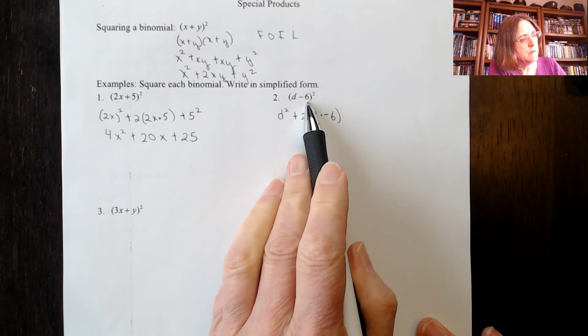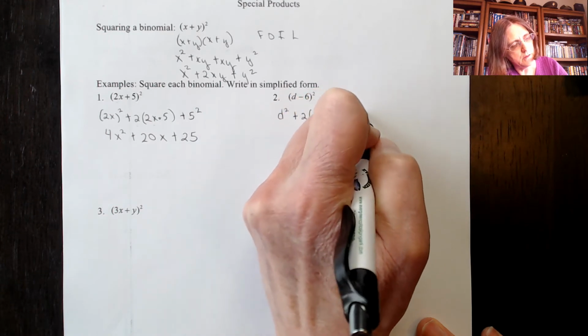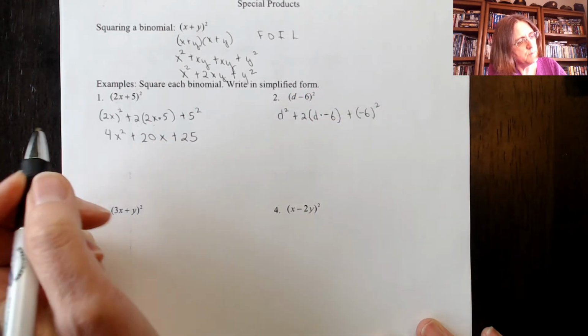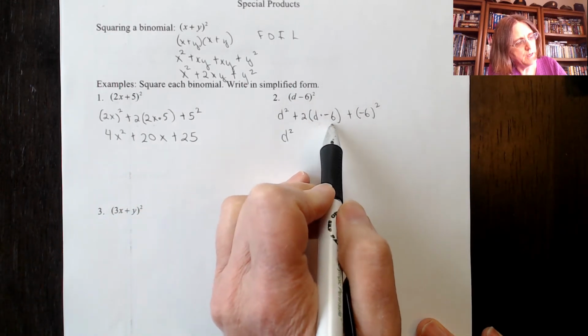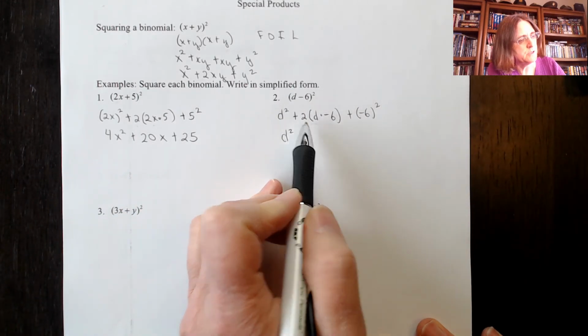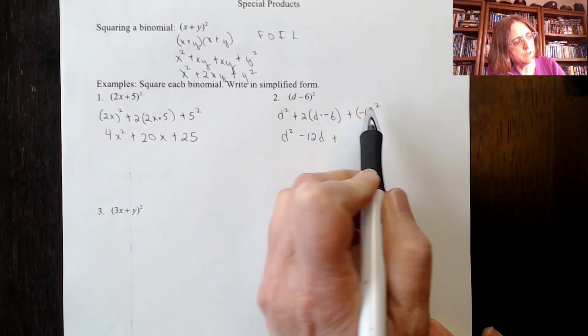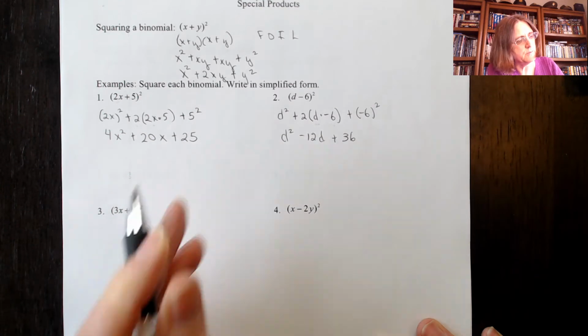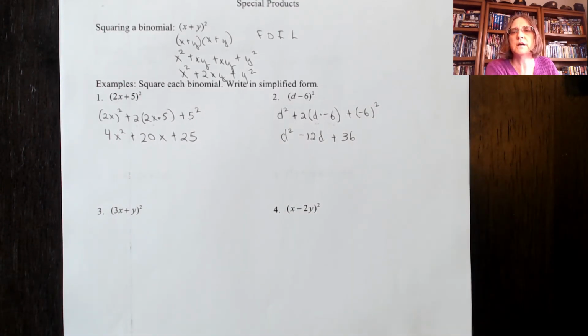And then finally, the last term of our binomial squared, negative 6 squared. Simplifying, we get d squared, negative 6d times 2, which is negative 12d, and then negative 6 quantity squared, which is positive 36. So d squared minus 12d plus 36.